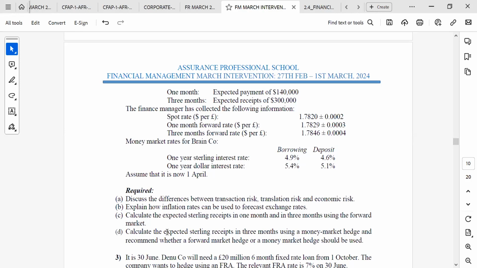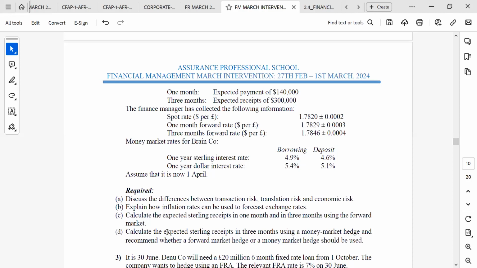Explain how inflation rates can be used to forecast what? Exchange rates. In the normal class, we call something purchasing power parity. So the forward rate can also be calculated or estimated using either the interest rate parity or the purchasing power parity.